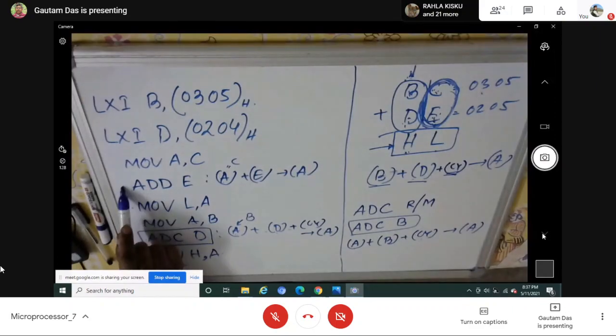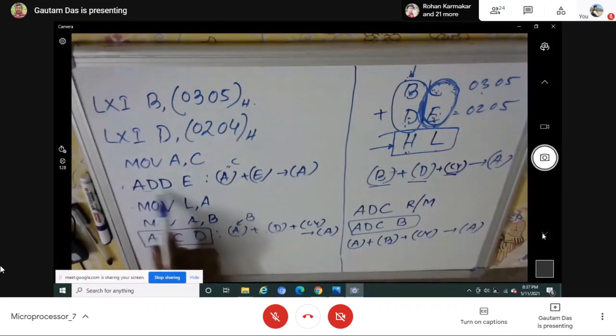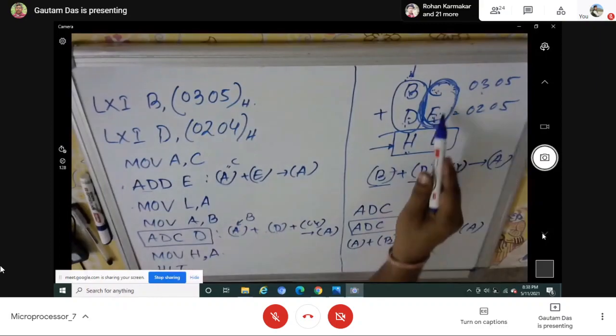This is an ADD instruction, adding. After this instruction, whatever carry is generated is stored in the carry flag. What is this instruction doing? This is basically adding the lower order 8-bit.